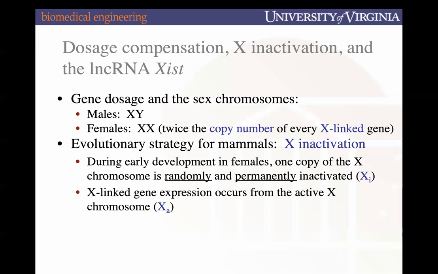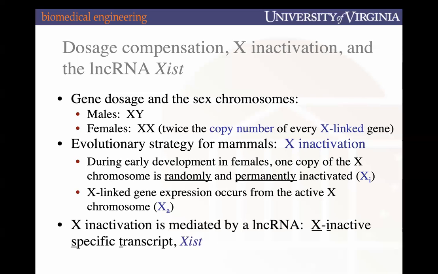To nail home this point, one of the two X chromosomes is permanently and also importantly randomly inactivated. So in every cell, there's a random 50-50 chance decision of which X chromosome is going to be inactivated.